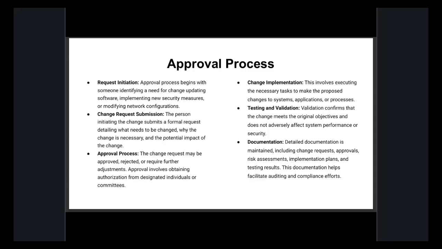In the approval process, if we get an approval for our request, then we have to do implementation, which is when we will execute the outlined tasks for the proposed change. And then we will test and validate any change we have made to our systems. So the approval process has several different steps, and as we go through this episode, focus on one of these different steps in the change management process.